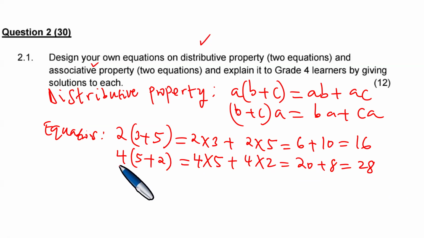So what do we do now? We explain, because we need to explain it to grade 4 learners by giving solutions to each. So the explanation is as follows. In the explanation, we say that to perform distribution, we can use a very short expression.